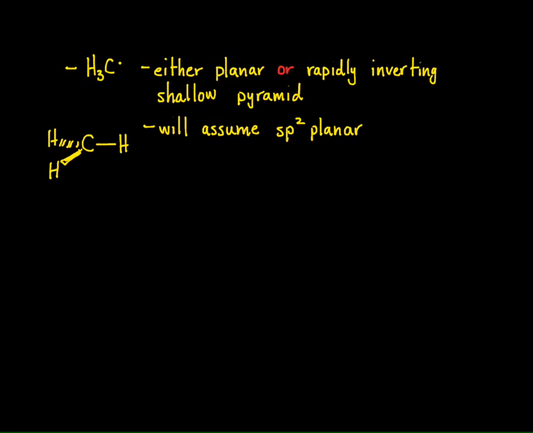The bond angles are 120 degrees, and then you have this p orbital, but in this case, with the radical, you have an electron that resides in that p orbital. And so now we are getting used to thinking about the geometry of not just compounds like methane, but also reactive intermediates like the carbocation, the carbanion, and the radical.